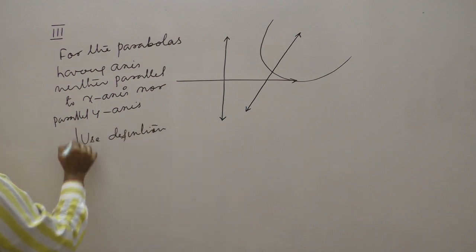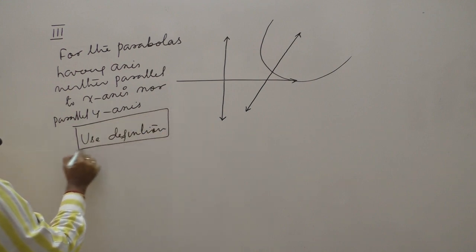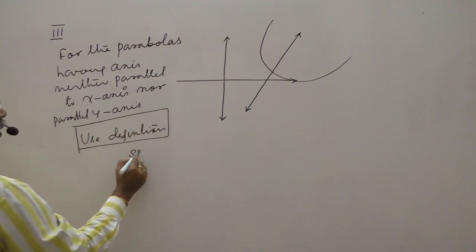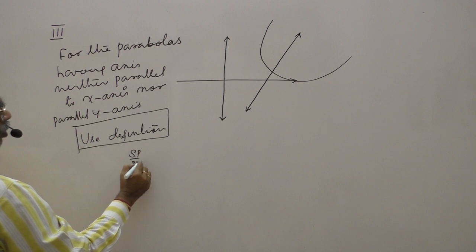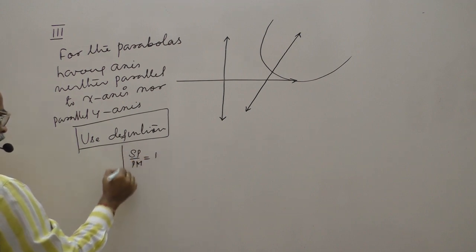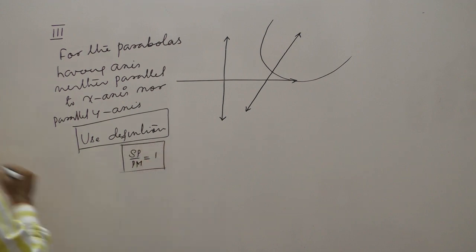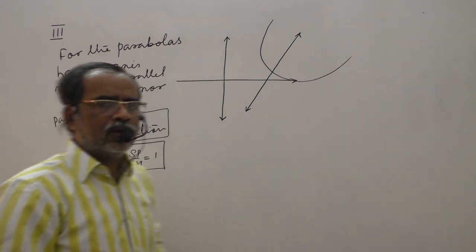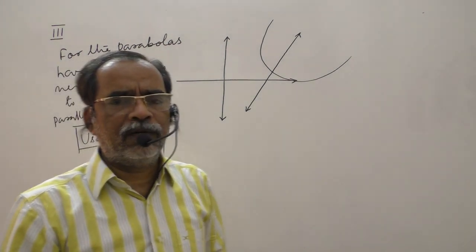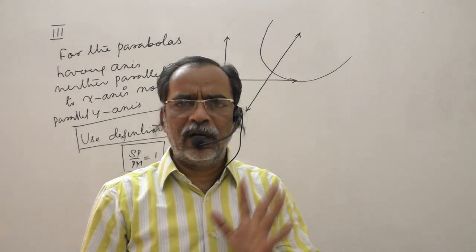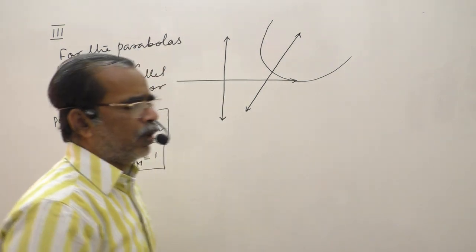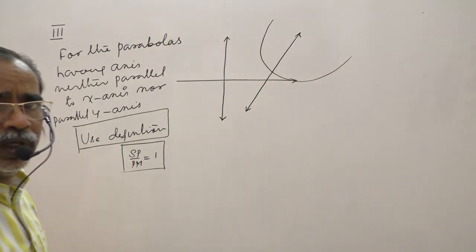Use definition. What is the definition? Definition means SP by PM is equal to 1. So how to use this definition? To use the definition, you need focus and directrix. Take a point P and substitute in this.